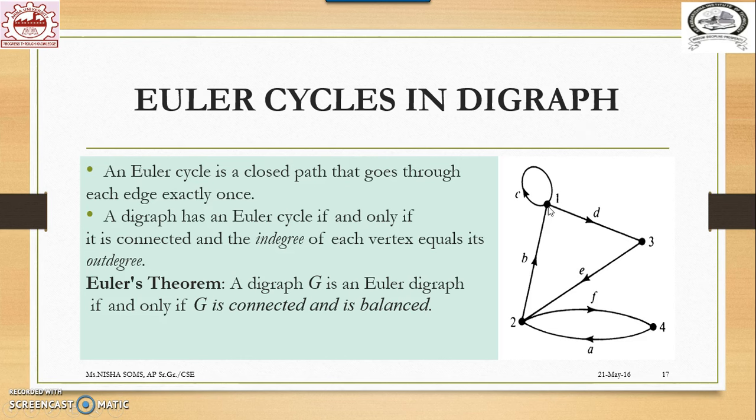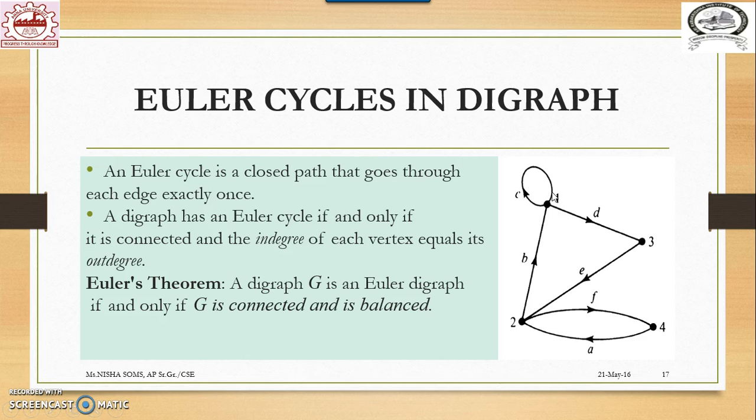If you check here, vertex 1 has a self-loop and an outgoing edge from 1. The in-degree is the number of incoming edges, to make it simple. So the in-degree of 1 is 2. The out-degree of 1 is again 2.